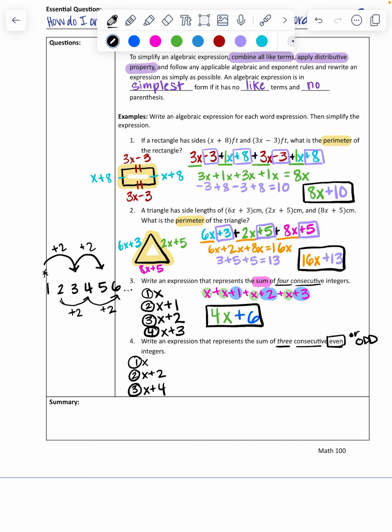So now we can add these together. I have 3 x's, 3x, because again, we are looking for the sum. That's why we're adding these together. And 2 and 4 makes 6. So 3x plus 6 is an expression that represents the sum of 3 consecutive even integers.